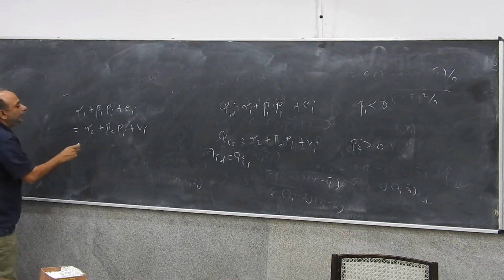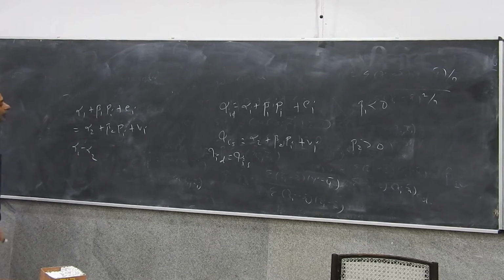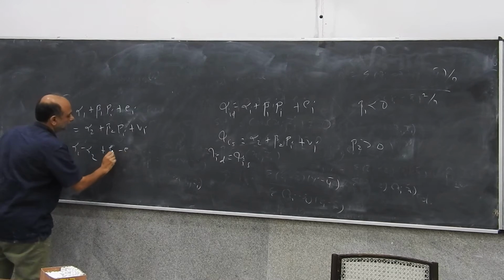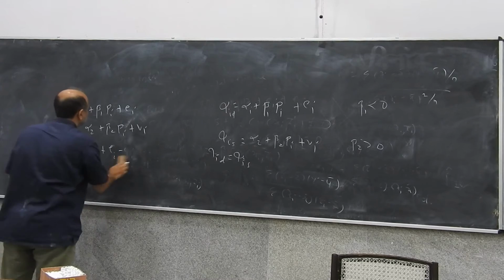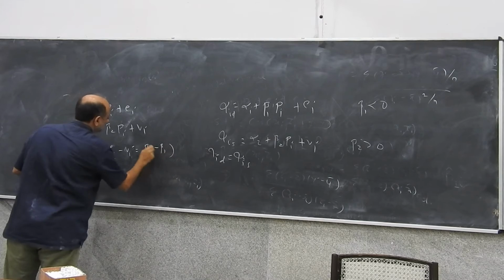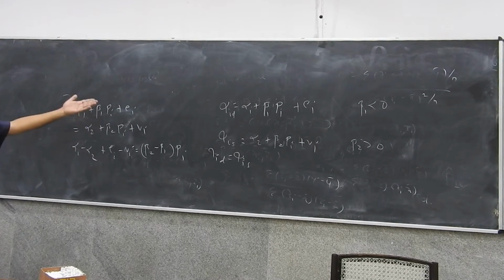clearly that alpha 1 minus alpha 2, PI minus VI, right? Don't copy down. Right? This is very simple. I'm just shifting variables from here and there. No? Right?